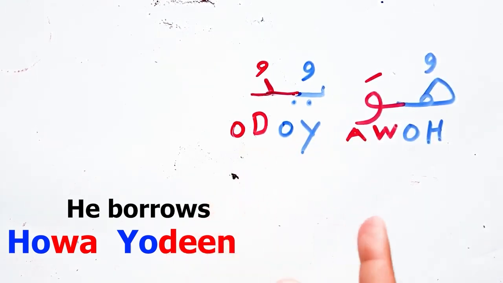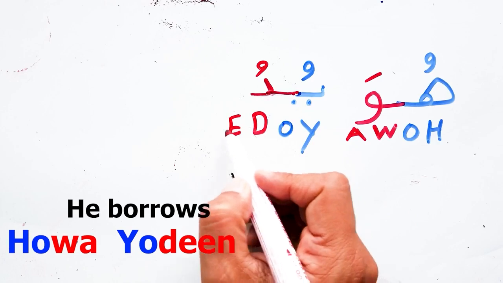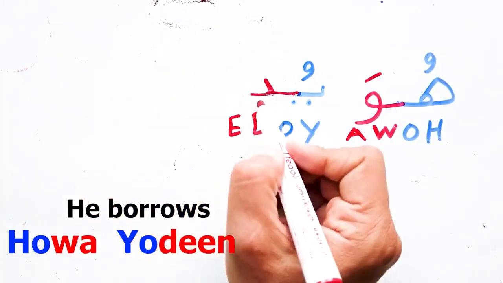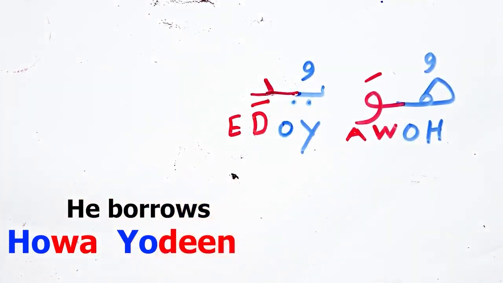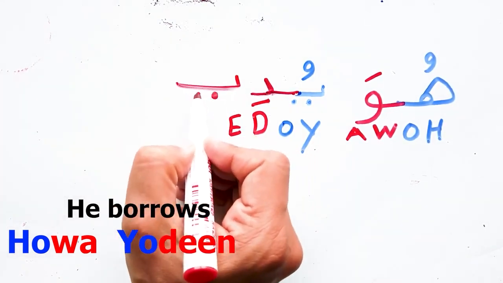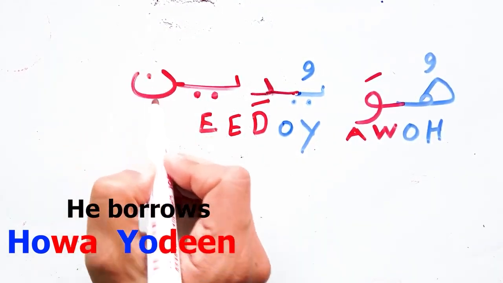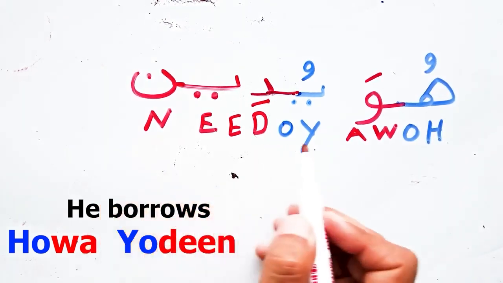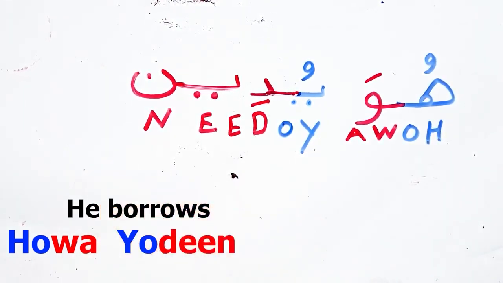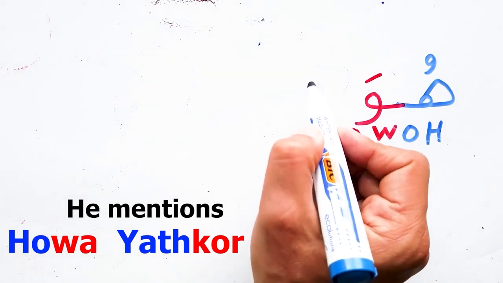And then I say you, D. So I must change this O to be E, U-D. As I changed this one to be E, so I must remove this. U-D, long vowel. Yeah, it sounds like another E, U-D-in, the sound of N in the end. هو يدين. هو يذكر.